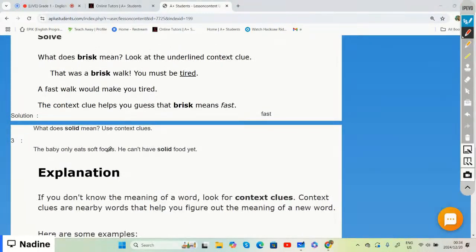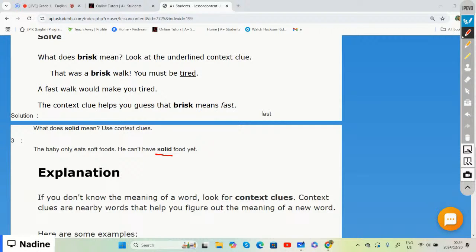Solid. What do you think the word solid means? It says the baby only eats soft foods. He can't have solid foods yet. What are solid foods?